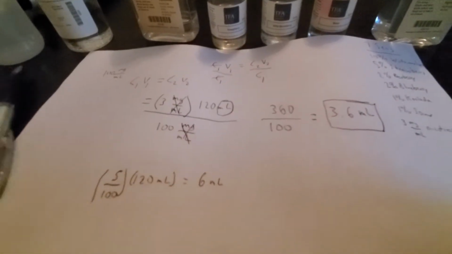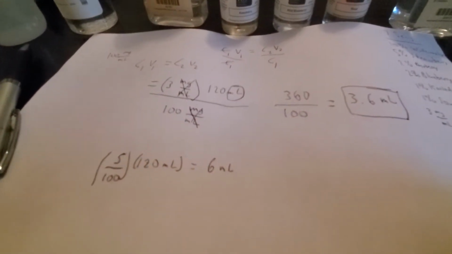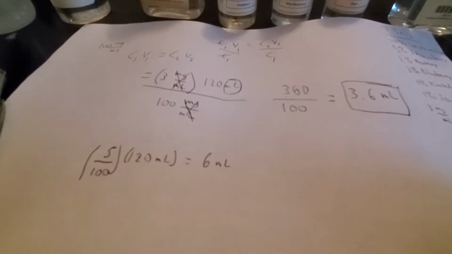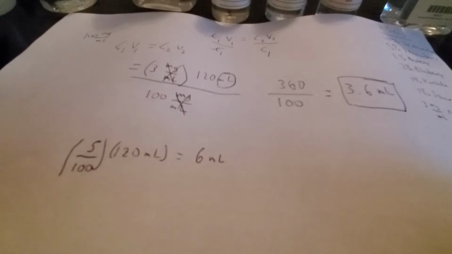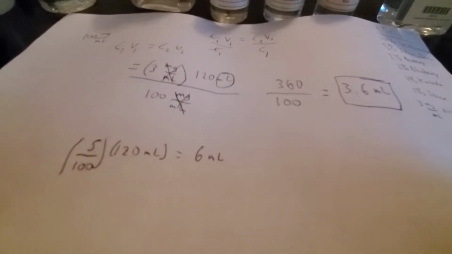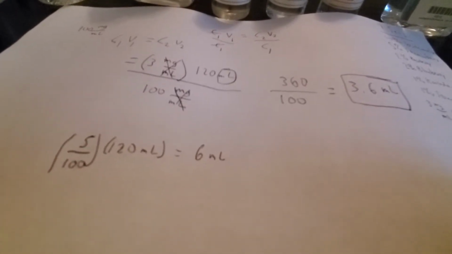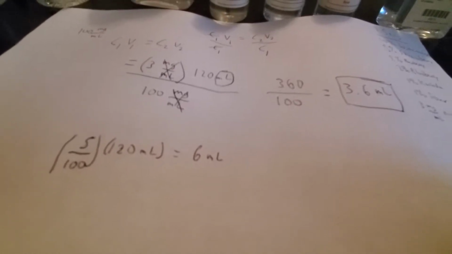So that is more or less just how we do the basic math for this. Now, one important thing to consider is, in the example I'm using currently, I'm not factoring in the density of the solutions that we're working with because I'm making a small recipe.